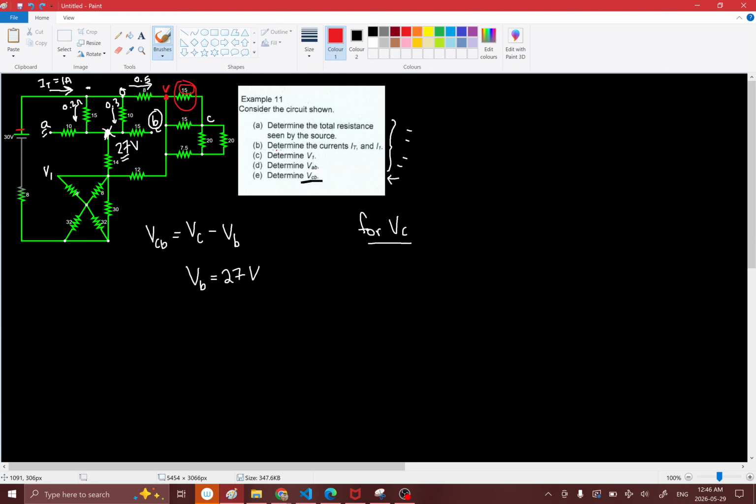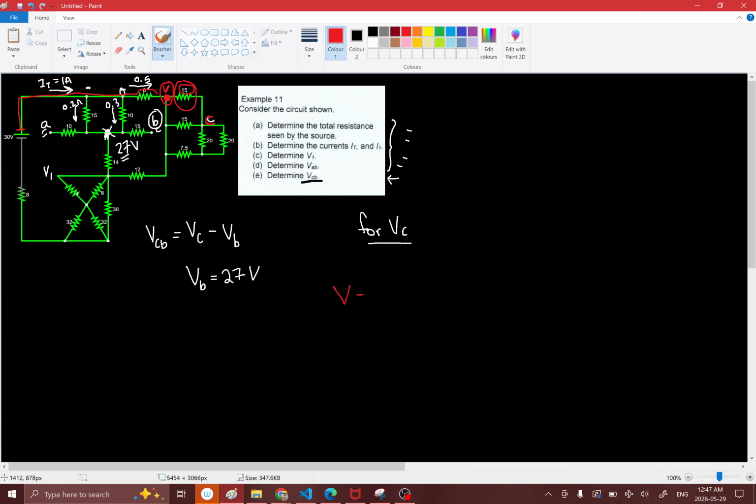We can keep on going, but I'll leave it there for now. The point I'm trying to make is that the voltage at C is going to equal the voltage at this point over here. And that voltage can be calculated because we know that 30 volts comes out of the battery and then goes through this resistor, and some of its voltage drops, and then you get the voltage here.